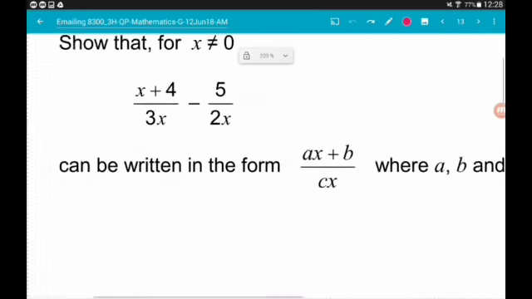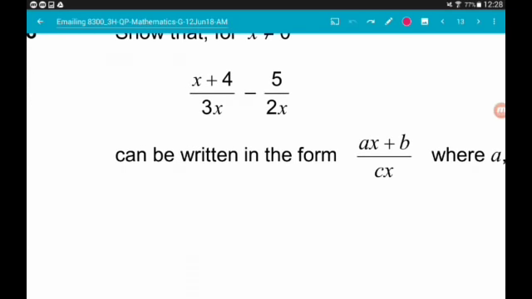So probably the easiest way to go with this is common denominators. So on the bottom we've got 3x and 2x. So we'd be thinking, what's the first number that 3x and 2x both go into, which would be 6x.